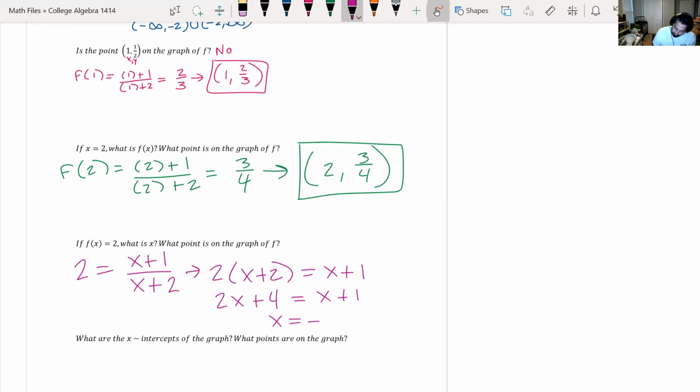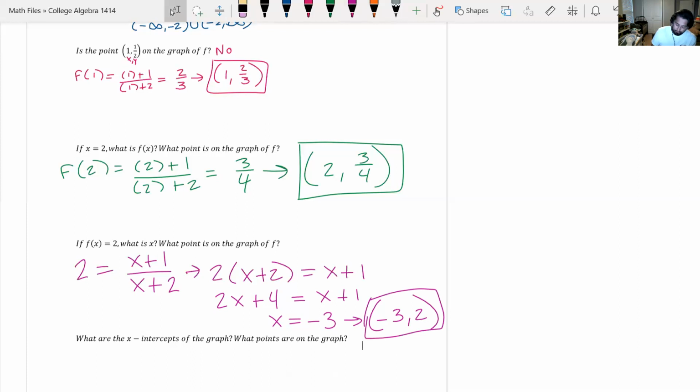Negative 3. Which means we create the point negative 3, 2. Yep, so there is our point.